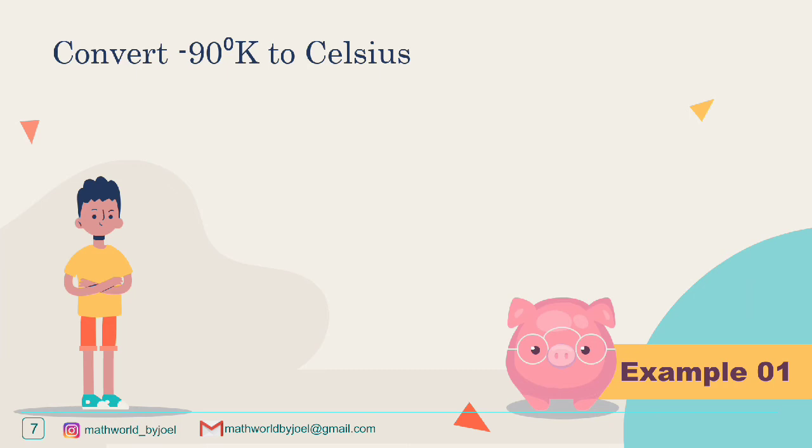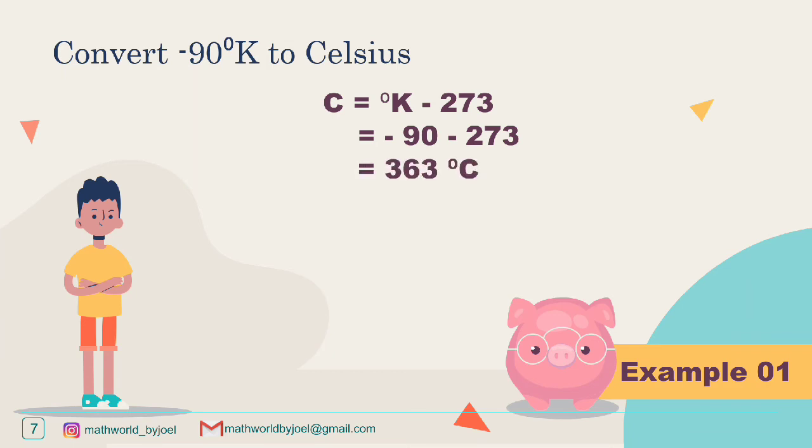Whatever the temperature in Kelvin, minus 273, so minus and minus will become plus. So 90 plus 273 will give you 363. Just put a negative sign there, and there was a small typing error there. The sign of the greater number will always be used.